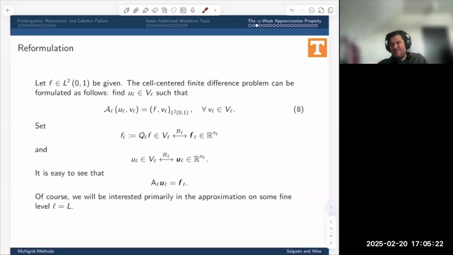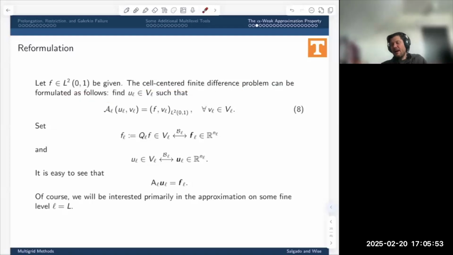Now, here's where things might get a little bit strange and weird. We're going to reformulate what once was our cell-centered finite difference problem using what's called a variational formulation. So here's the variational formulation. Suppose that f is some given L2 function. The cell-centered finite difference problem can be reformulated as follows.